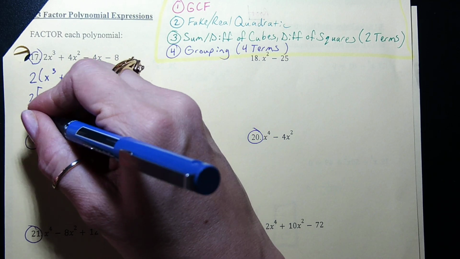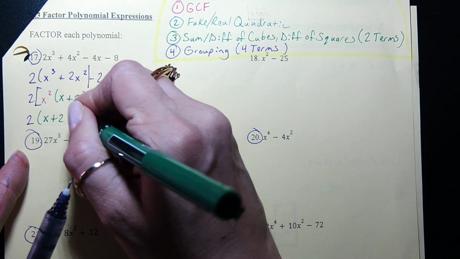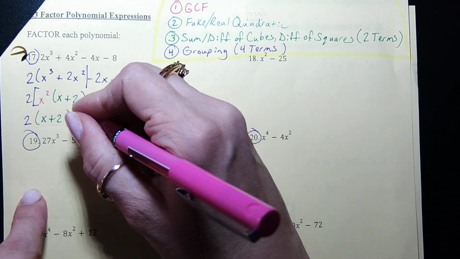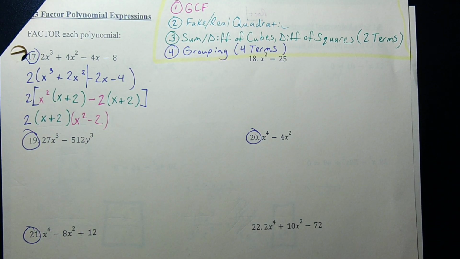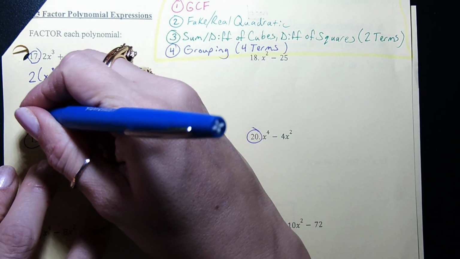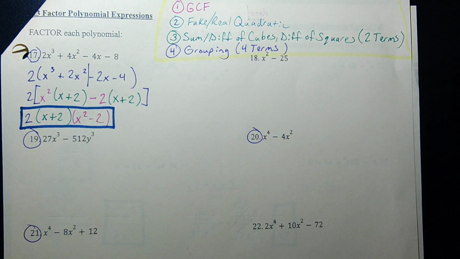So the 2 continues to float as the GCF. I take x plus 2 out of both of those terms as a GCF. And then x squared minus 2. And there's our factored form.